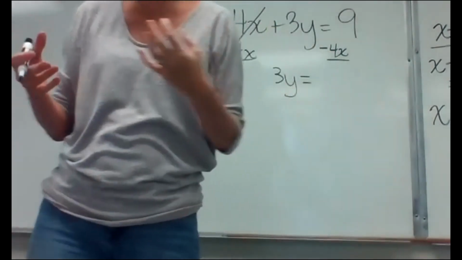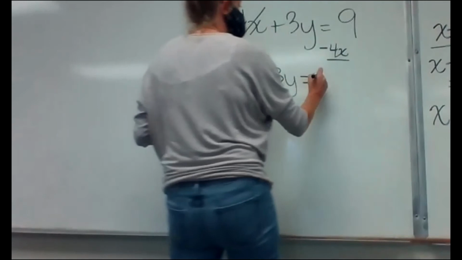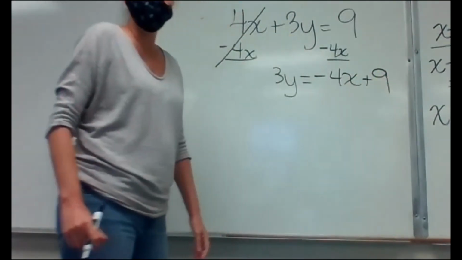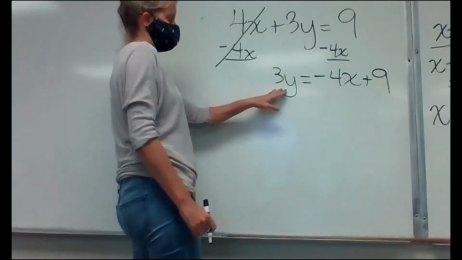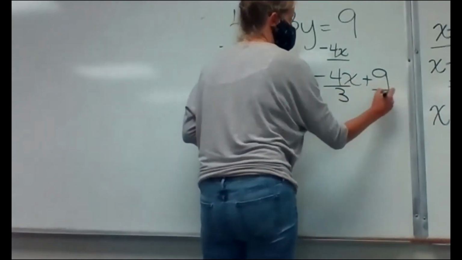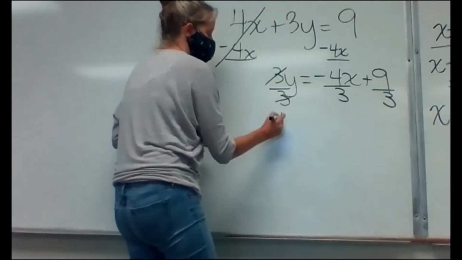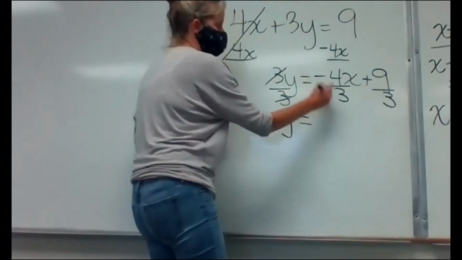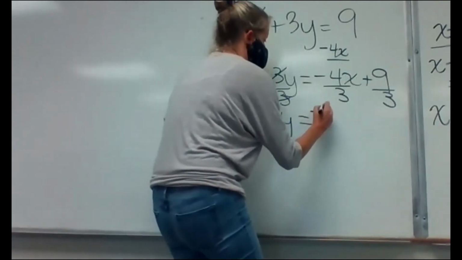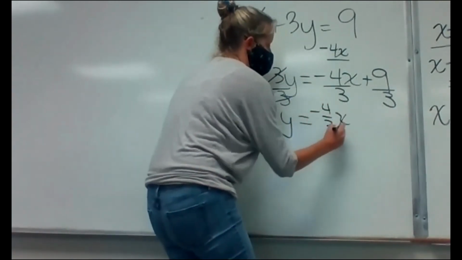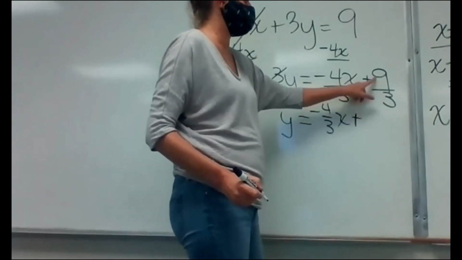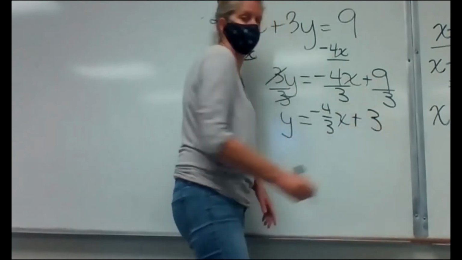Remember, those are two terms that you can't put together. So negative 4x plus 9. Still getting y by itself, so I need to divide everybody by 3. So y equals negative 4 over 3, which doesn't reduce, so I just have negative 4/3 x plus 9 over 3, which does reduce. 9 divided by 3 is 3.